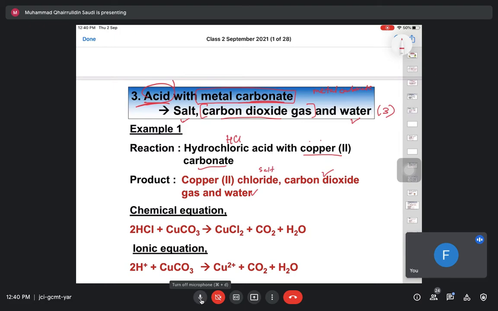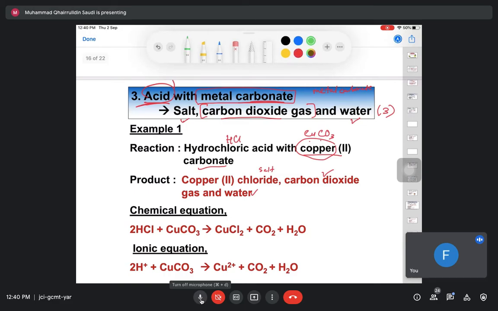So salt ni yang kita kena tahu nama dia. So how can we know the name of the salt? Copper Cu carbonate and hydrochloric acid. Sama juga kita change partner. Okay, kalau carbon dioxide dah ambil yang ni, water dah ambil yang ni, so yang tinggal adalah CuCl.